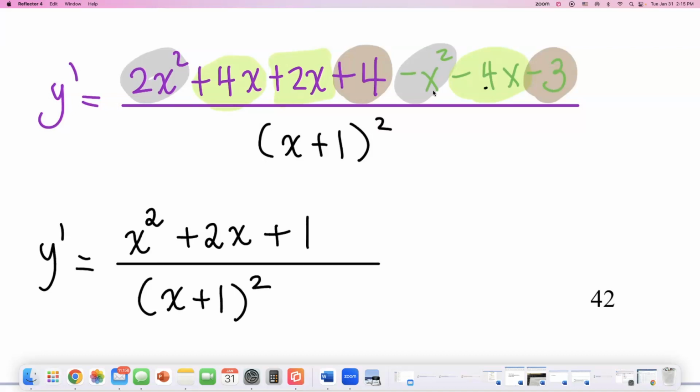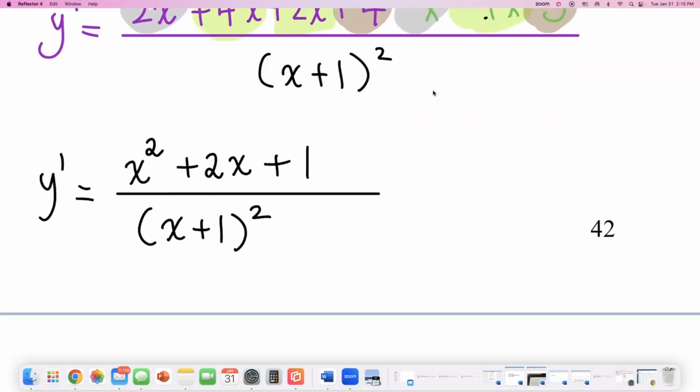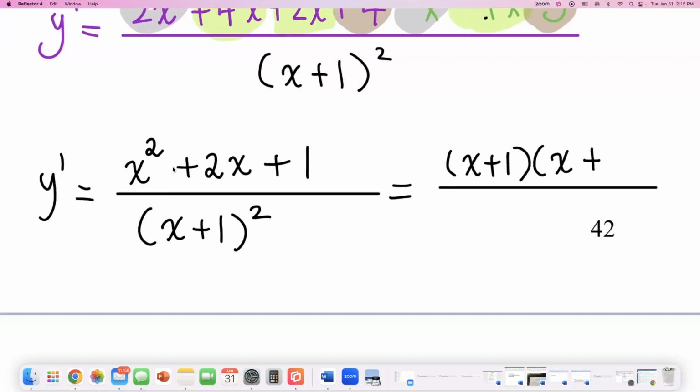All right, let's see if we can simplify this a little more, okay? I think the numerator can be factored. Isn't this x plus 1 times x plus 1? Because 1 times 1 will give you this 1 in the middle, and if I add 1 plus 1, I will get this 2x in the middle. So this is correct.